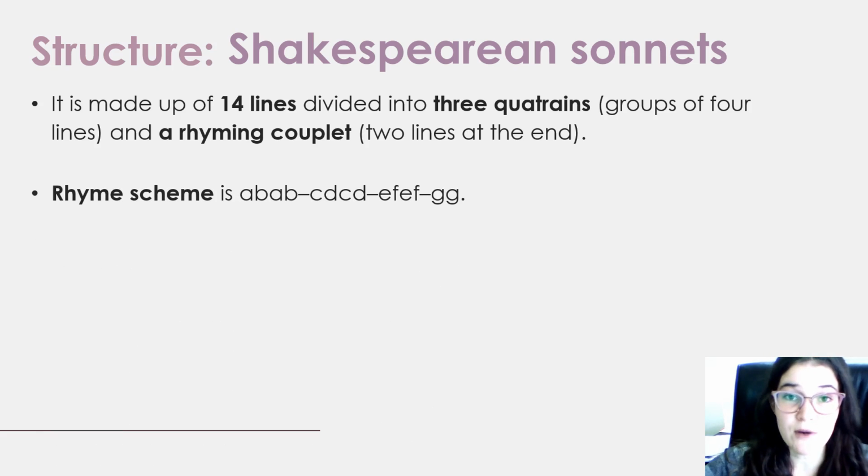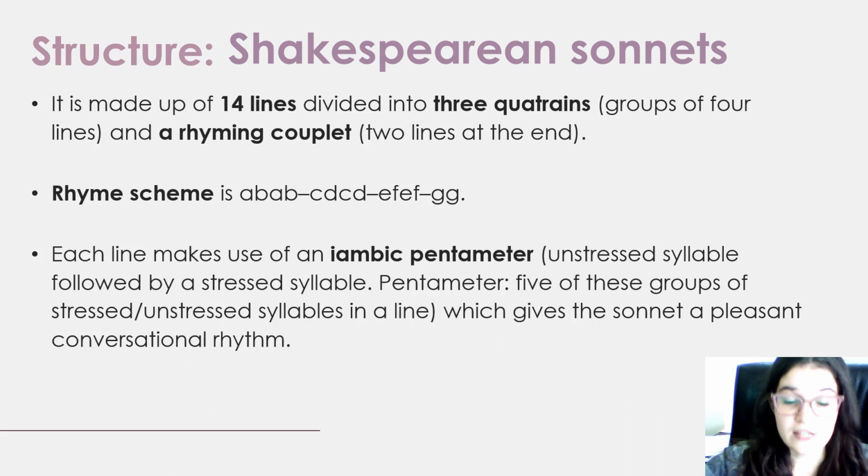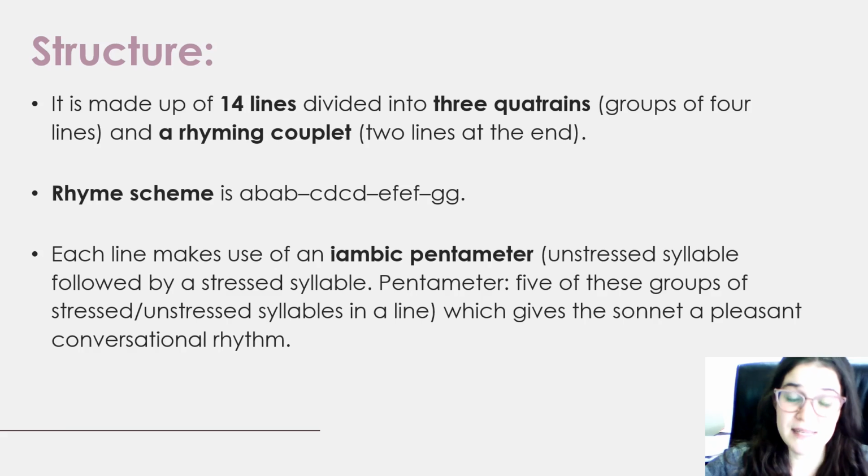The rhyme scheme of the sonnet is A, B, A, B, C, D, C, D, E, F, E, F, and it ends with a rhyming couplet which is G, G. Each line also makes use of an iambic pentameter, which means that it has an unstressed syllable followed by a stressed syllable.